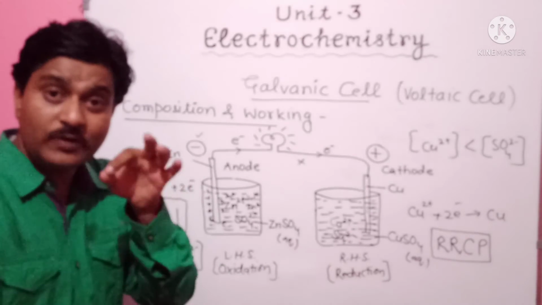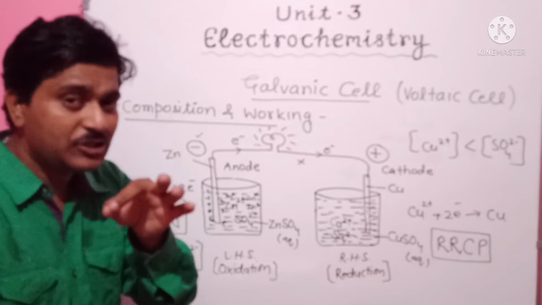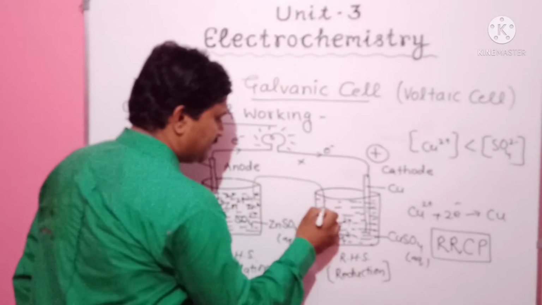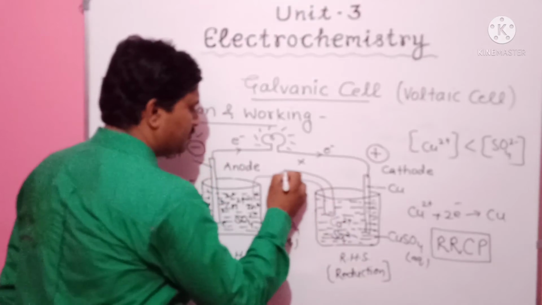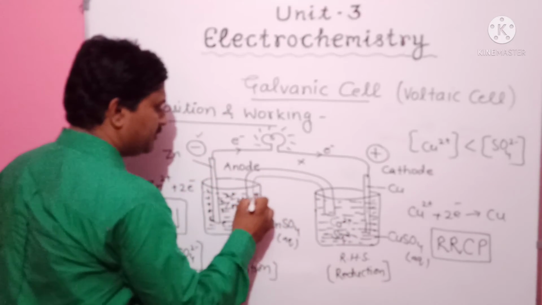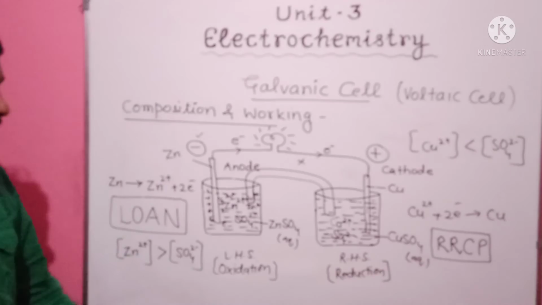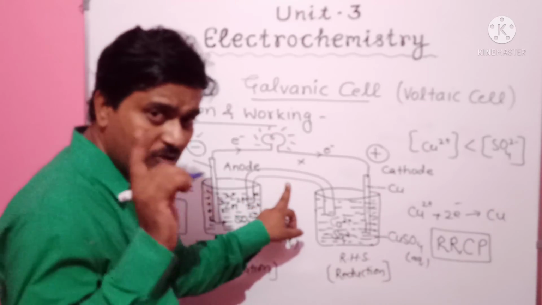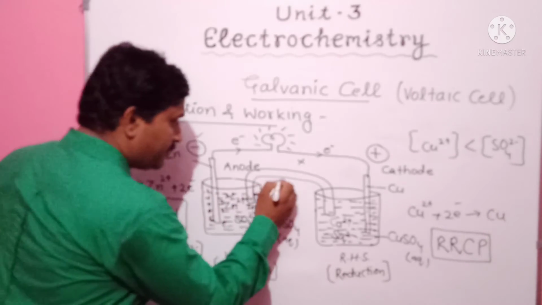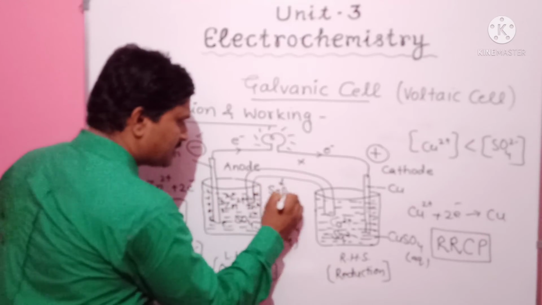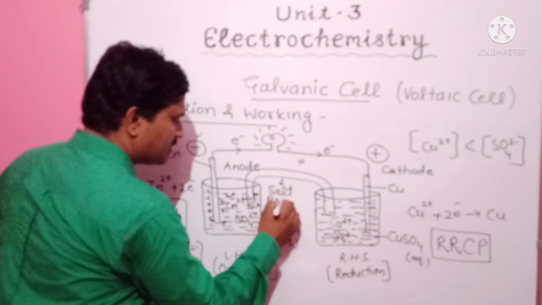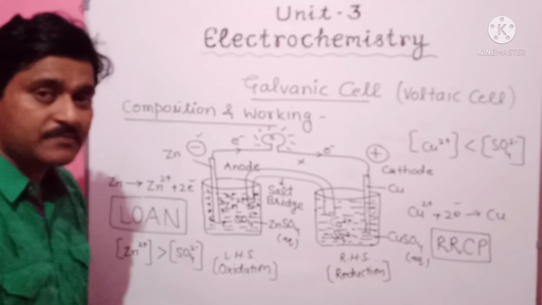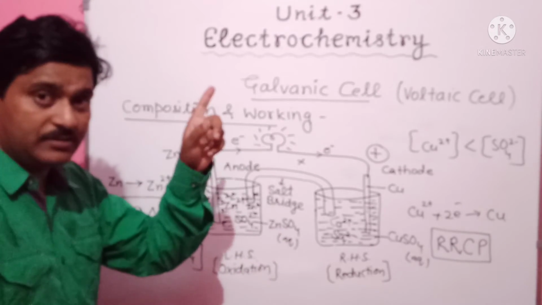So we have to add an inverted U-tube here like this. That inverted U-tube is known as a salt bridge. That is called a salt bridge. That is our third point.